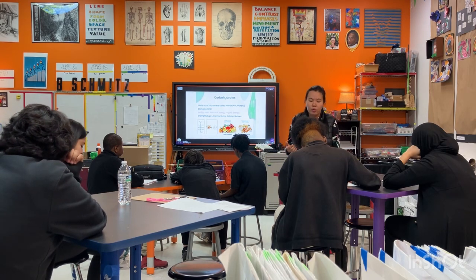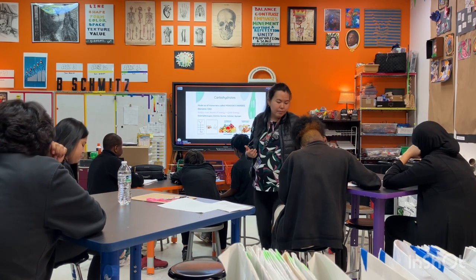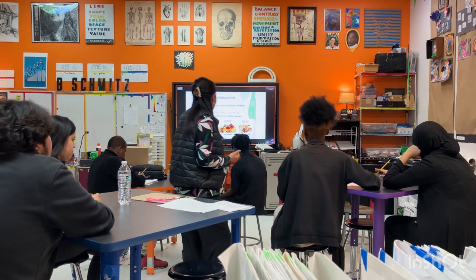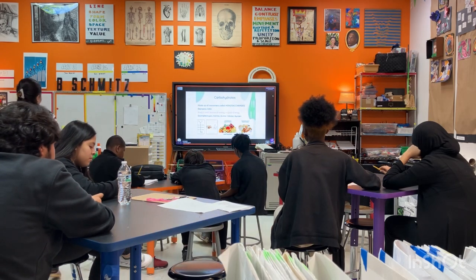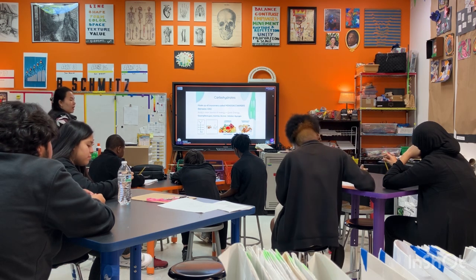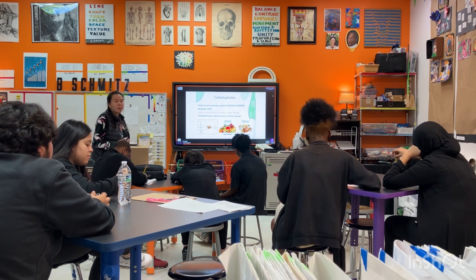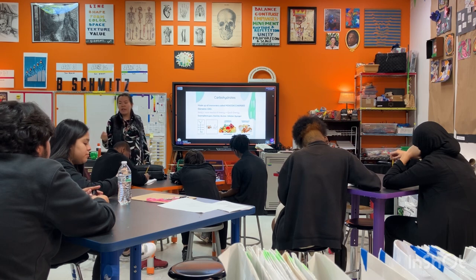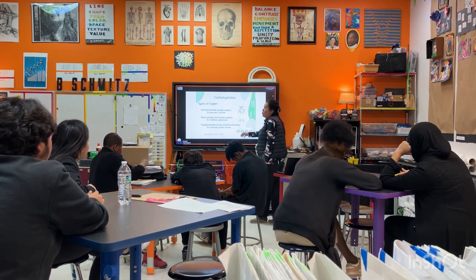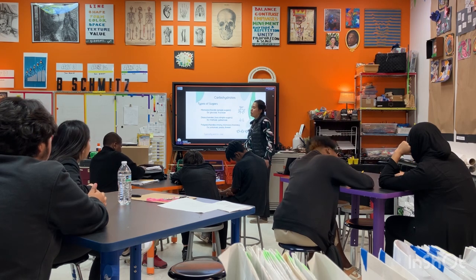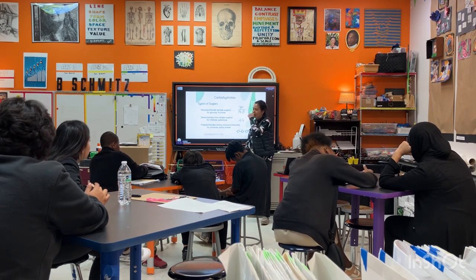What do they do? It's on the board. What do carbohydrates do to our body? Yes, what type of energy? Quick energy, guys, quick energy. And types of sugar. What type of sugar do we have? What else?